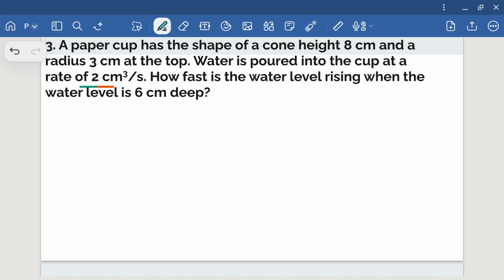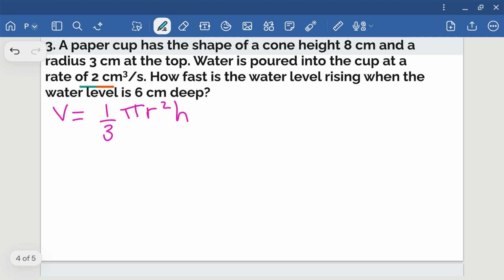So if we start with just some information here, I'm going to start with the volume formula. The volume formula is 1 over 3 pi r squared times height. What I want to also recognize here, because I have 3 variables, it would be helpful to write one variable in terms of the other.